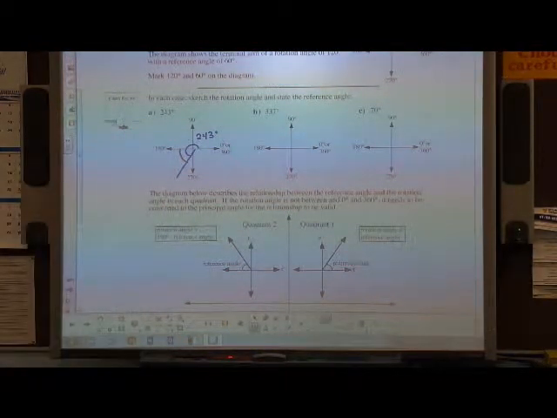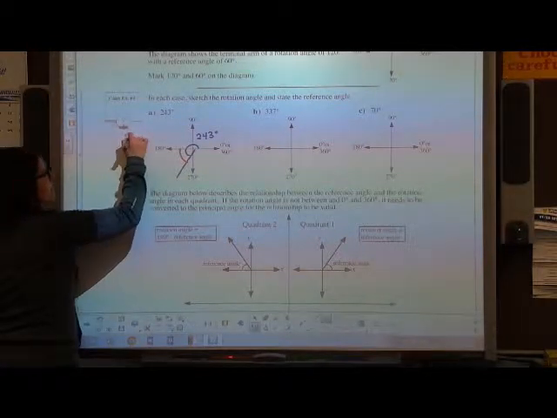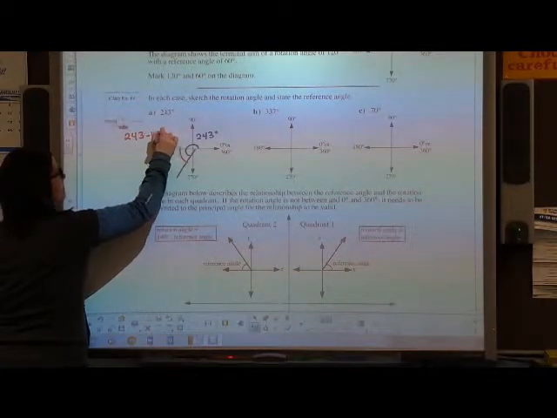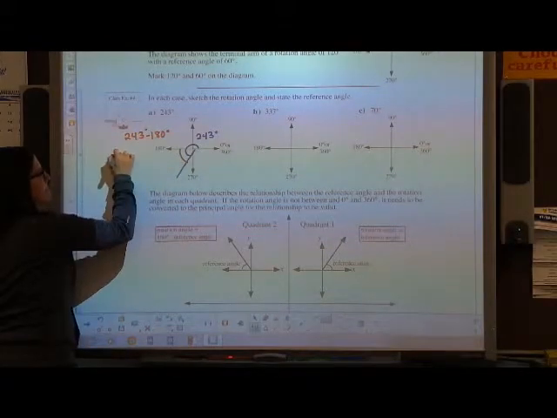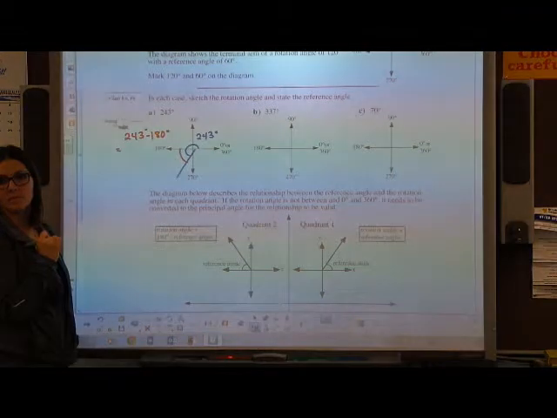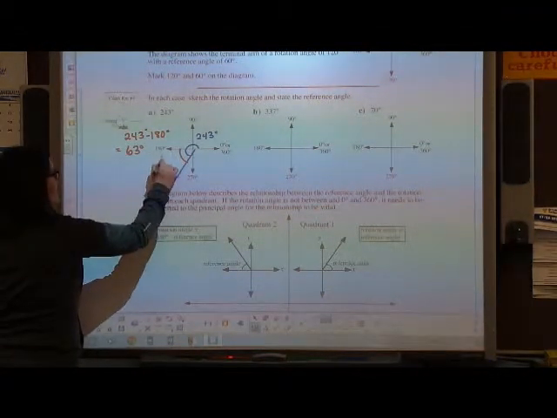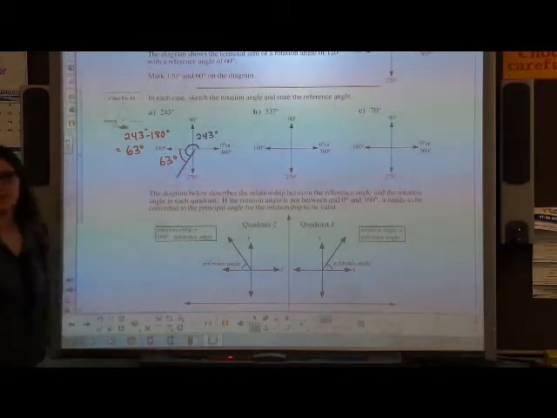So it's the one that I'm drawing in red. How do I find the measurement of that angle? 243 minus 180. Okay. And what do I get? So the reference angle is 63 degrees.